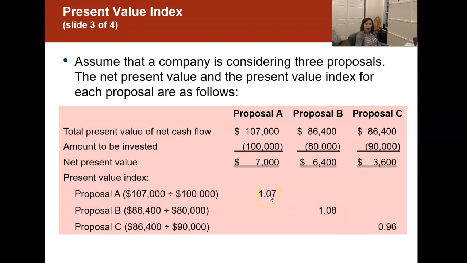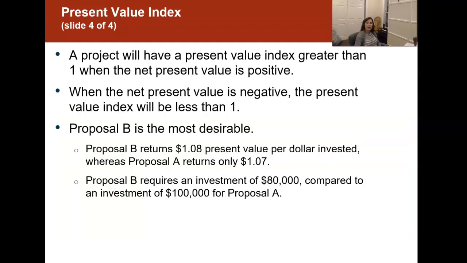Now, if we've got multiple projects, we can take that present value index and we can compare it across multiple projects, and that tells us basically from a discounted cash flow basis which would be the most desirable. Anything with a positive net present value is obviously going to be better. Where the net present value was negative, meaning that it came in below our hurdle rate, you're going to have a present value index of less than 1.